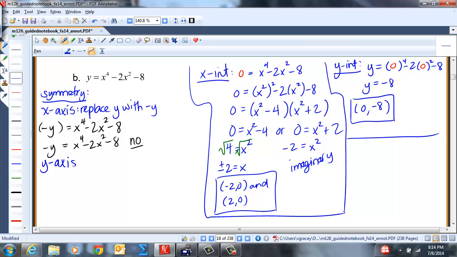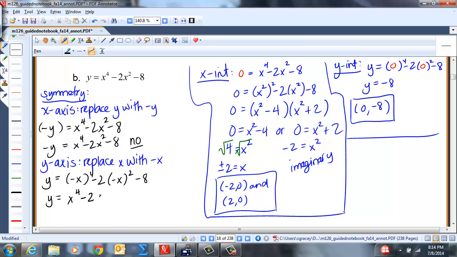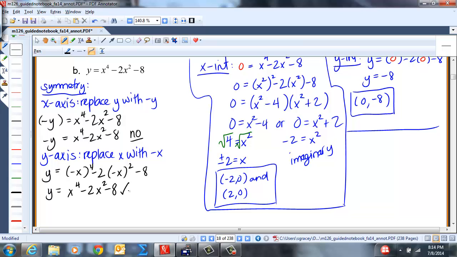Y-axis, replace x with -x. See if you get the same thing. So we would have y equals -x to the 4th power minus 2 times -x squared minus 8. We're raising these to even powers, so the negative will go away. And it looks to me like we get the same thing, so that one checks out.